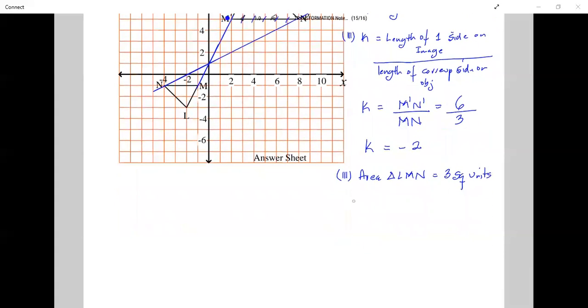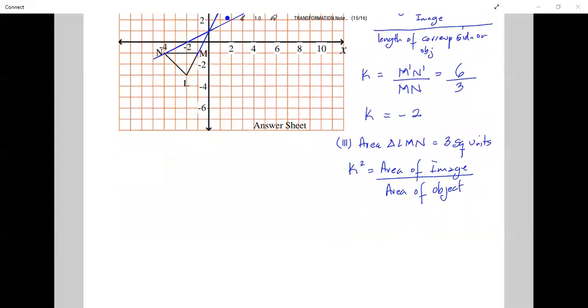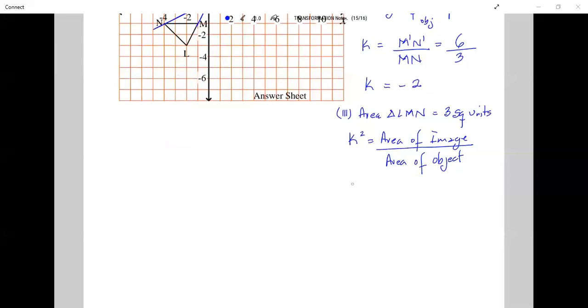Now, K squared is equal to the area of the image divided by the area of the object.